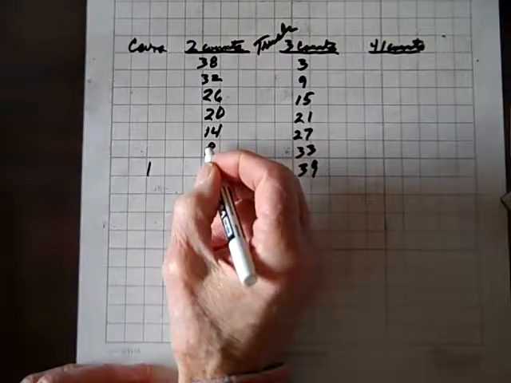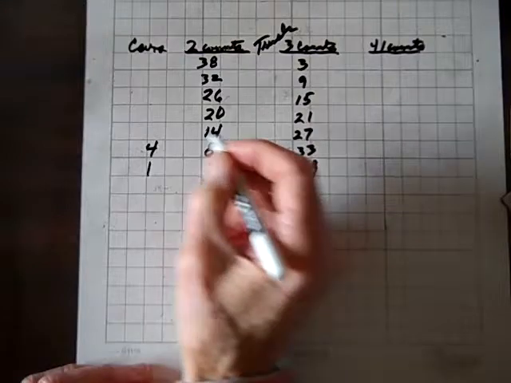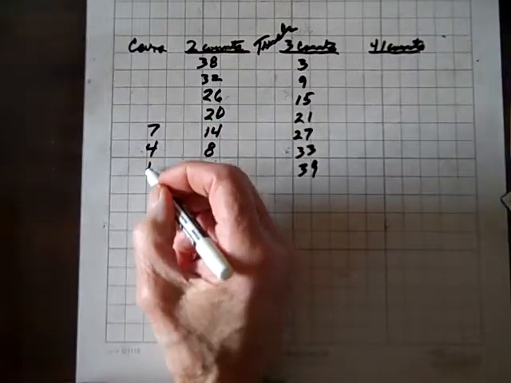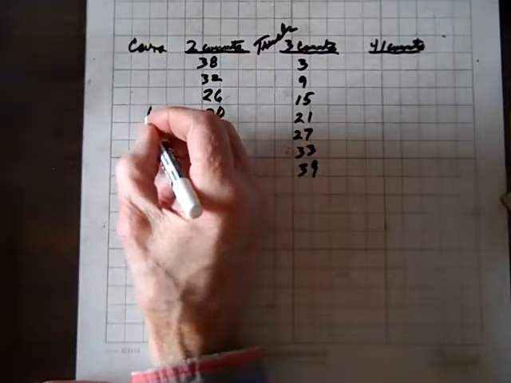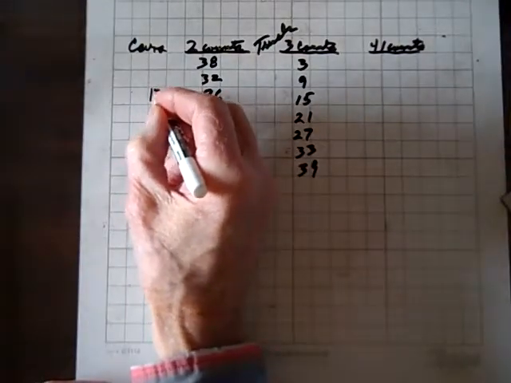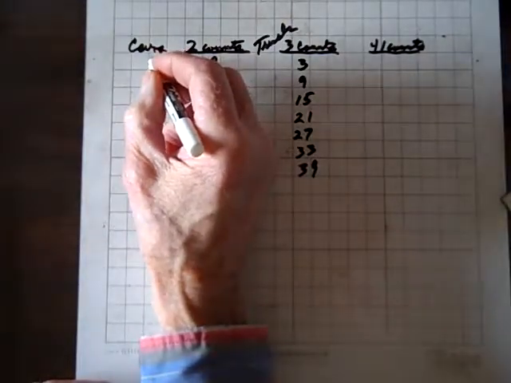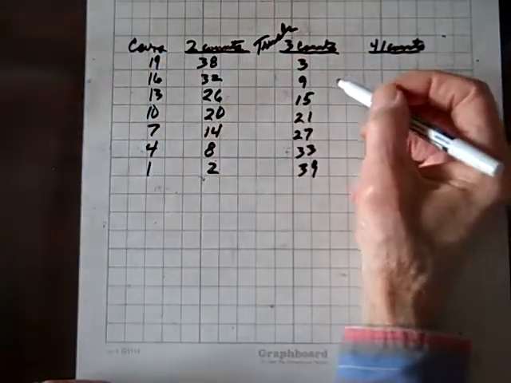Here we're going to get 2 times 4 cars. Here we're going to get 7 cars. Do we see a pattern here? 1 and 3 is 4, and 3 is 7, and 3 is 10, and 3 is 13, and 3 is 16, and 3 is 19. 19 times 2 is 38.